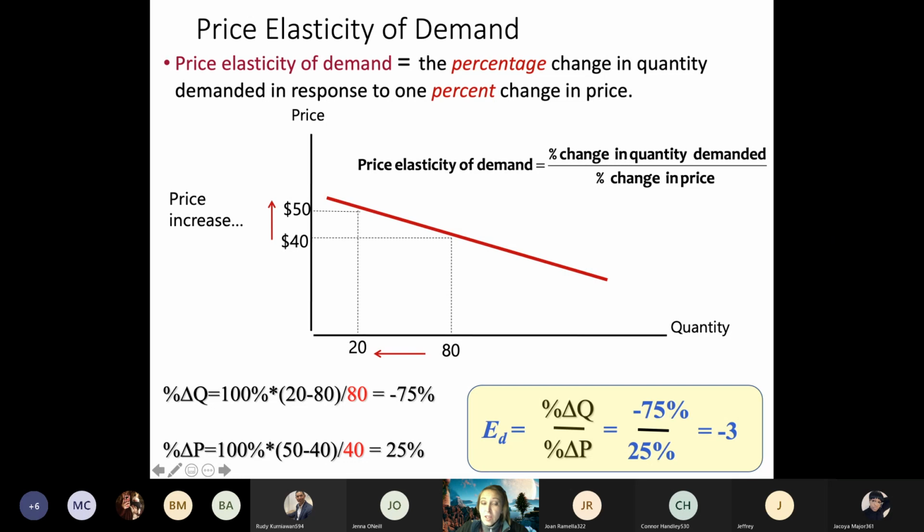Price. So the change, 50 minus 40 divided by the starting value, is a 25% increase in price. And we get a number which is -3. So price elasticity of demand is always a negative number.